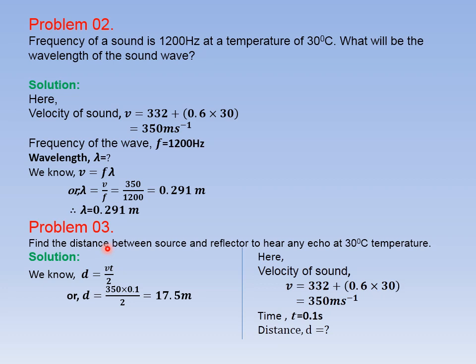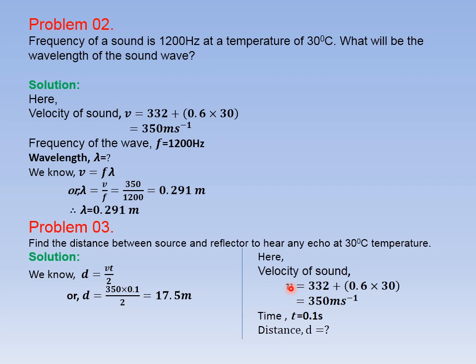Let's go with problem number 3, which is to find the distance between source and reflector. That means we are going to talk about a mathematical problem on echo, to hear an echo at 30 degrees centigrade temperature. This calculation is very familiar to you, because we have already discussed it in our previous math.